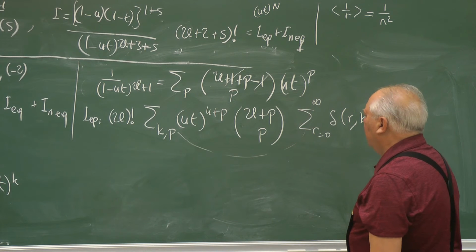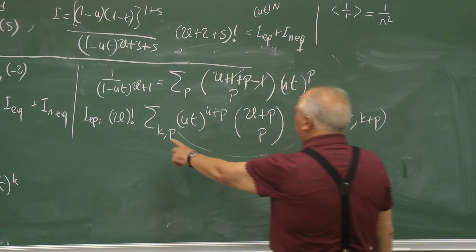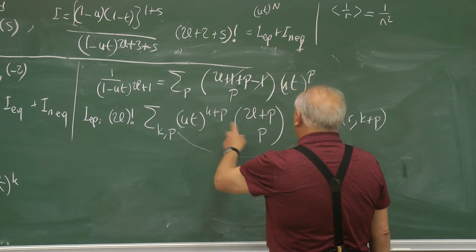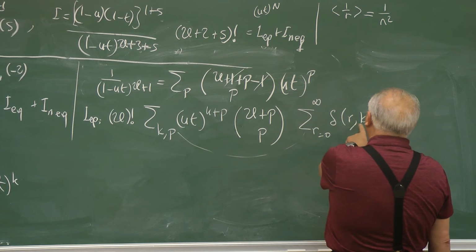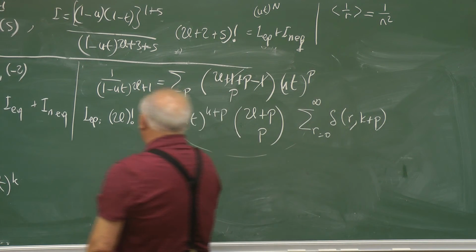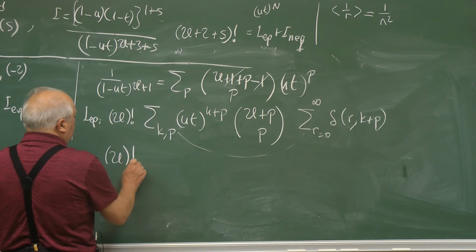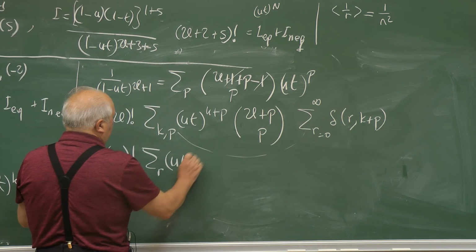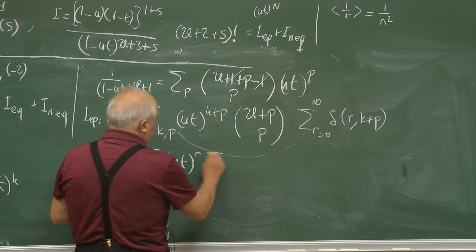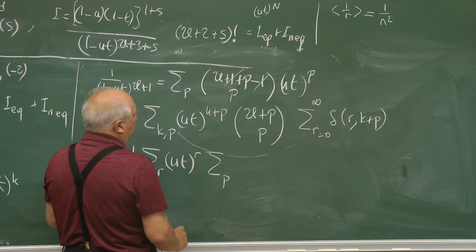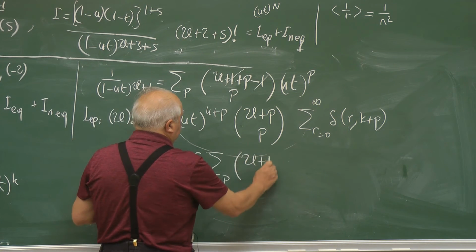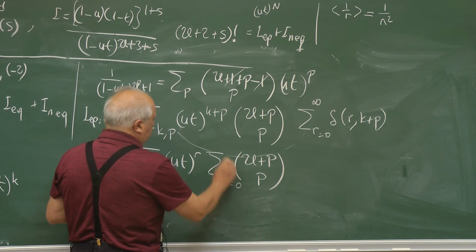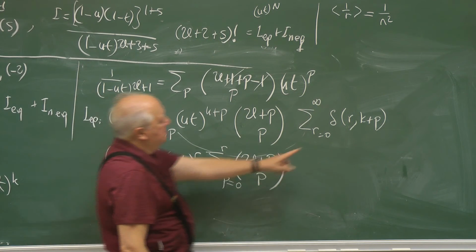Now we will change the order, and one of the sums will drop because let's drop k. K will be r minus p. So it's equal to 2L factorial sum over r of ut to the r, sum over p of binomial 2L plus p and p. P goes from 0 to r now because it cannot exceed r.